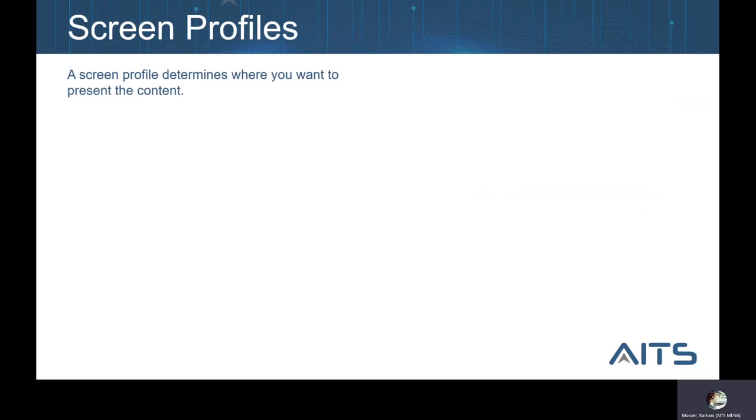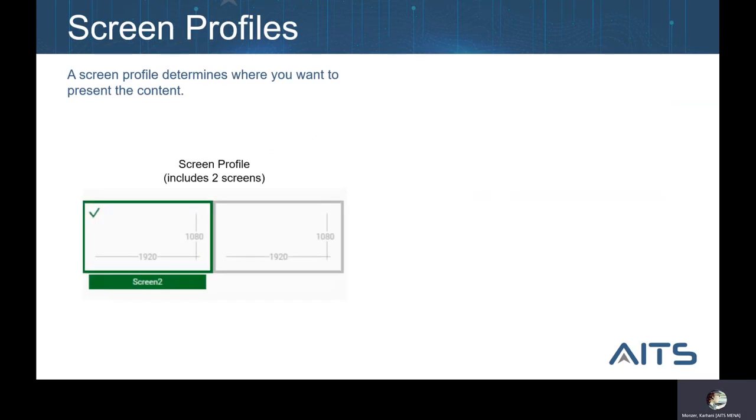So the first thing we have to do is the screen profiles. What is a screen profile? It's simply what are the screens that will show this application. For example, I have 2 screens. So from the beginning, I'll create 2 screens, and I will design if the screens are touchable or not touchable.